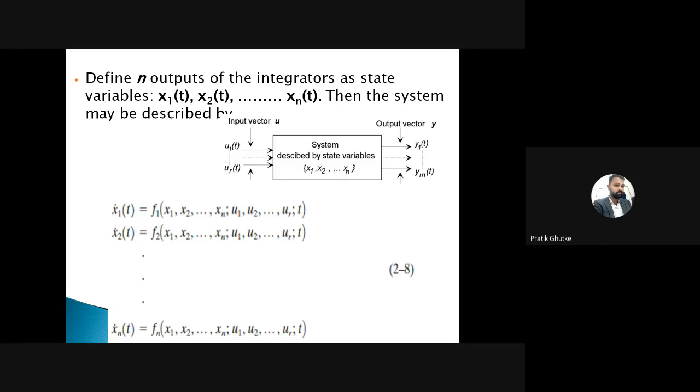Continuing up to xn dot of t, which is fn of x1, x2 up to xn and u1, u2 up to ur of t. This is how we define our state space equations, where the n outputs of the integrators are the state variables x1, x2 up to xn, and the system is described by the following equations.